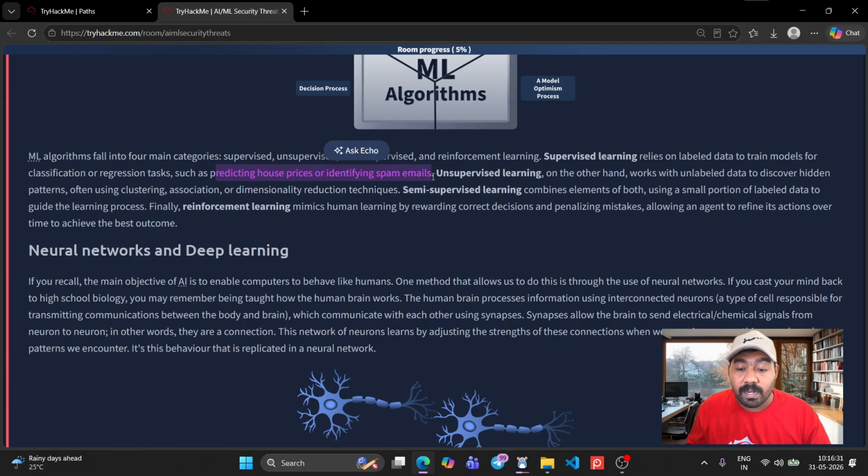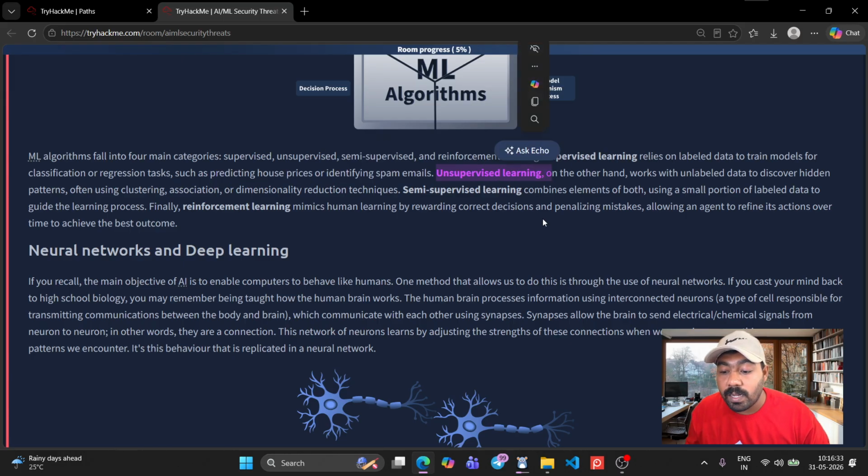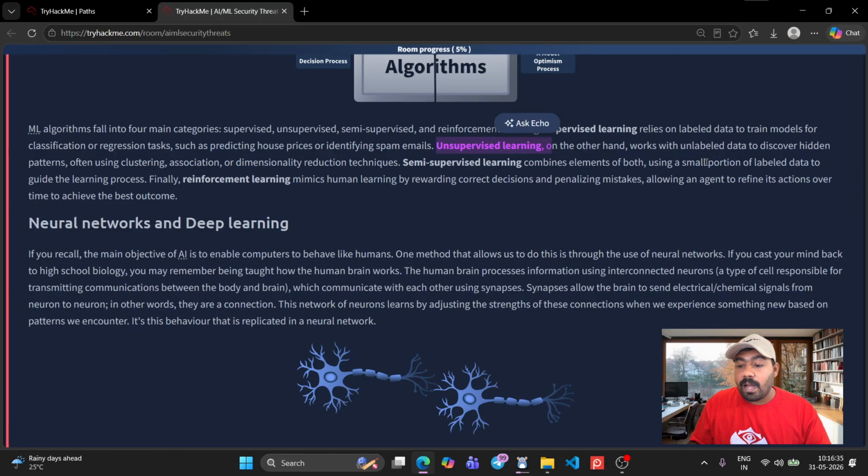Those were the supervised learning. Unsupervised learning, on the other hand, works with unlabeled data to discover hidden patterns, often using clustering, association, or dimensionality reduction techniques.